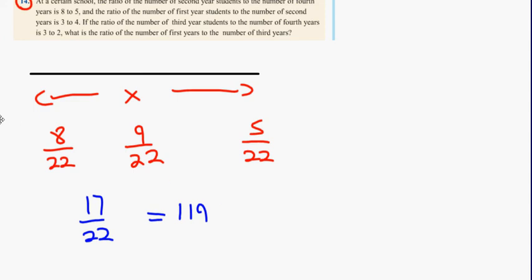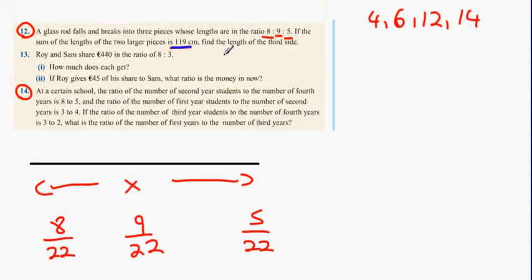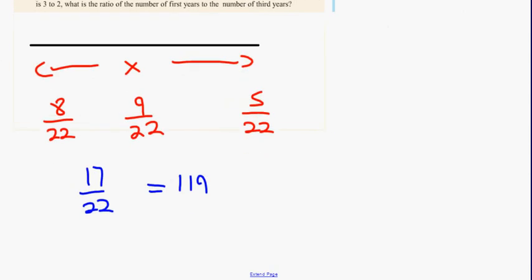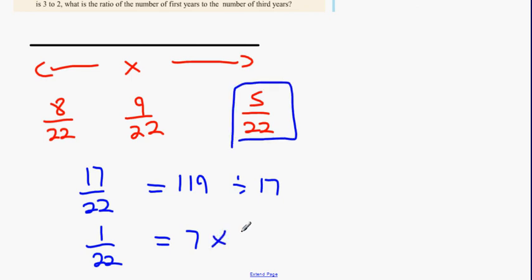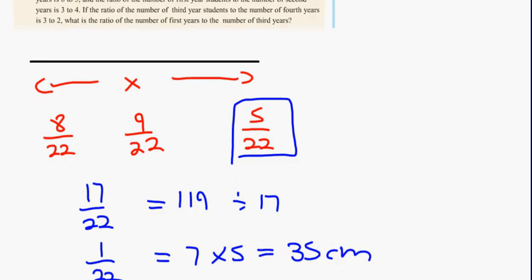So we divide 119 by 17, and we get 7. And then the smaller piece is 5 over 22, so we multiply that by 5, and the answer therefore is 35 centimeters. Okay, and that's for question 12.